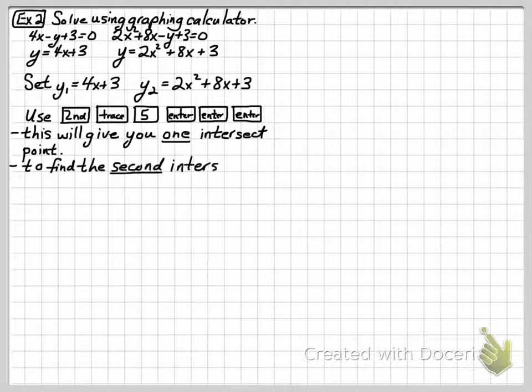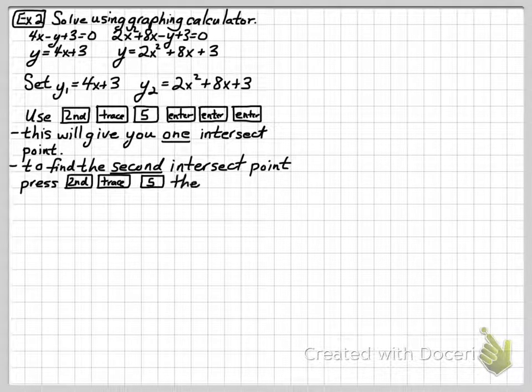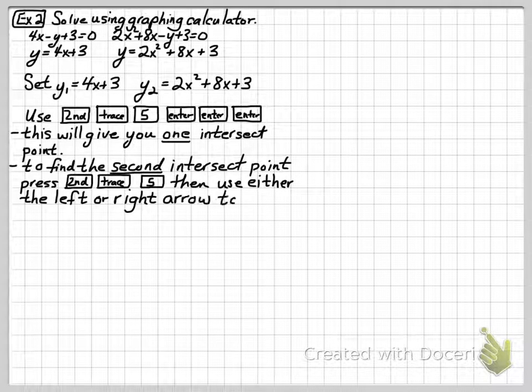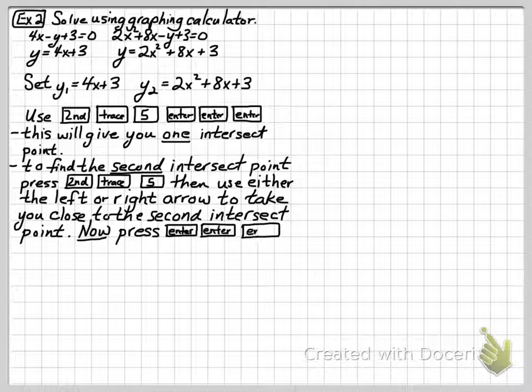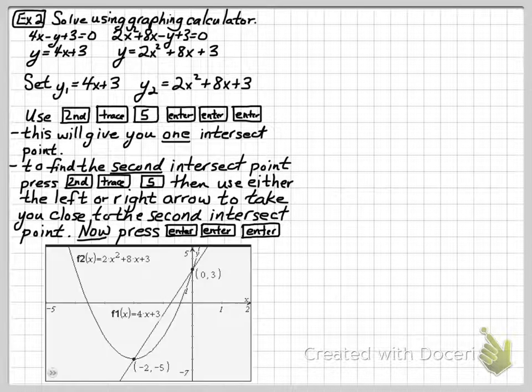To find the second intersection point, you're going to press second, trace 5, and then you're going to use either the left arrow or the right arrow to move your cursor close to where the second intersection point is. And at that point, you can press enter, and it will give you your second point. Now, our two solutions for this system are going to be at (0, 3) and (negative 2, negative 5).